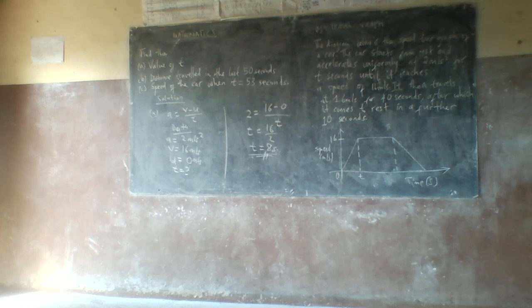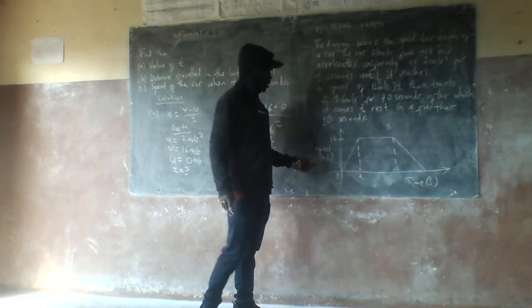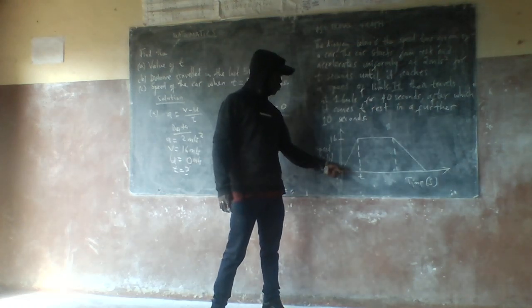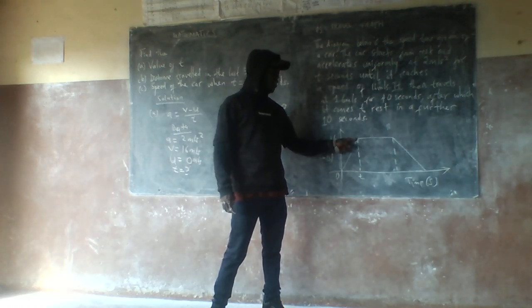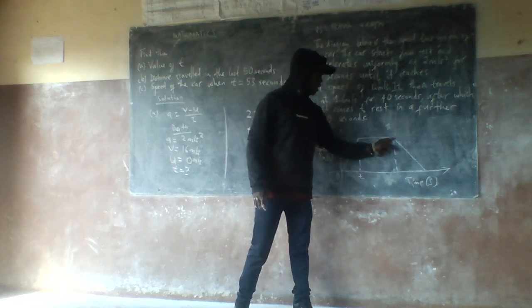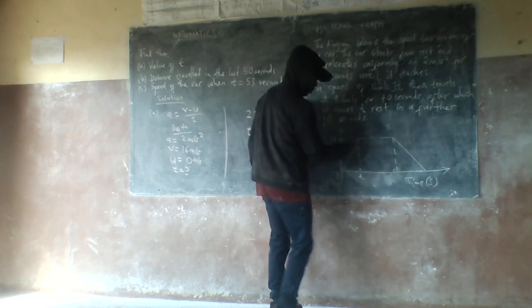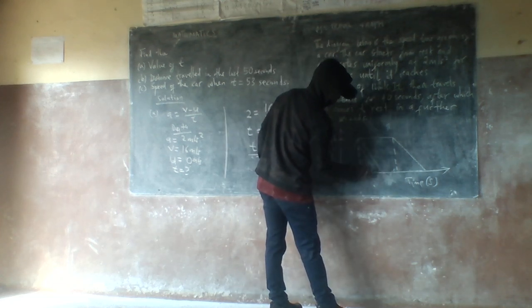So area is not a constant formula. It just depends on the shape which has been formed. So in our case, it's a trapezium, hence that's why we're using that formula. If we check, we have been told the object starts from rest and moves for t seconds, and then 40, and then 10. So 40 plus 10 is what is making 50. So we are going to calculate the area of this shaded part.